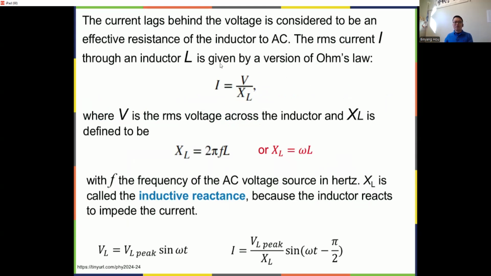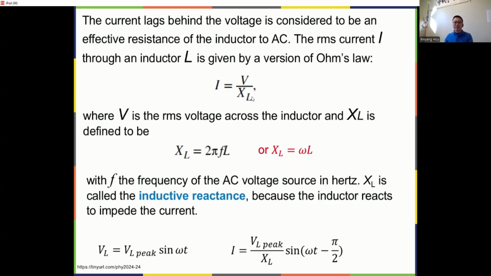So we can write a similar version of Ohm's law for an AC circuit for the inductor. I will be equal to V divided by X sub L. This is kind of resistance, but in this case, X sub L is the reactance of the inductor to the voltage you apply.